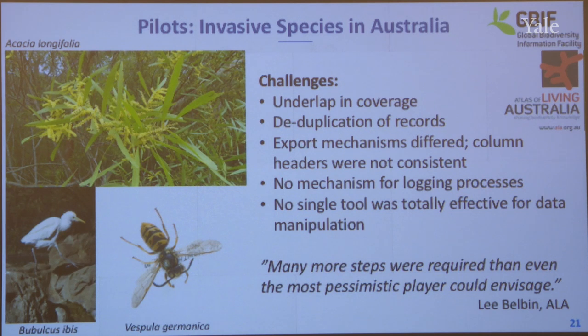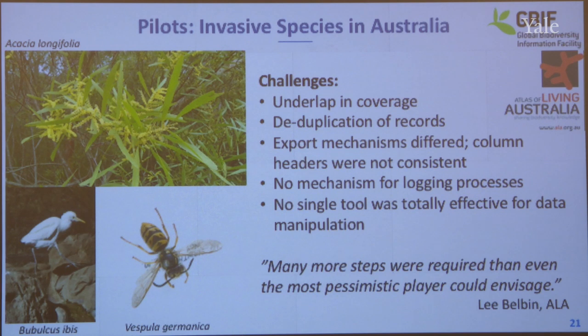So there were a number of challenges in association with this, and the first goal was to really take the data that were available through GBIF, and then also take the data that were available through the Atlas of Living Australia, recognizing that they each were tapping into different museum collections and sources for the data.